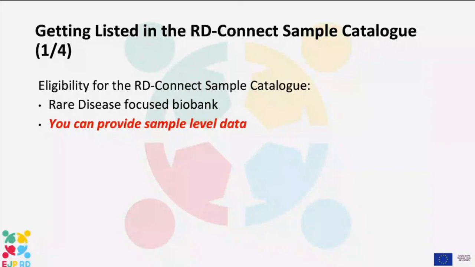For the Fondazione Telethon associated biobanks, TNGB, there is a link in the TNGB website that you can use to publish samples in the sample catalog. For others, the process is as follows.